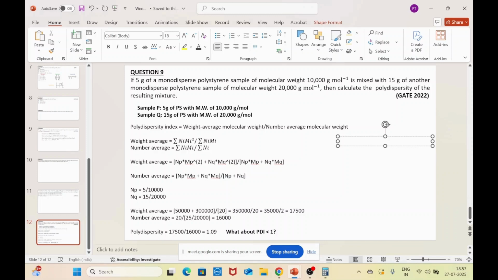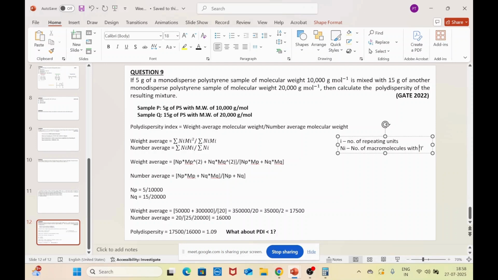So I basically represents the number of repeating units. Ni basically represents the number of macromolecules with I repeating units.